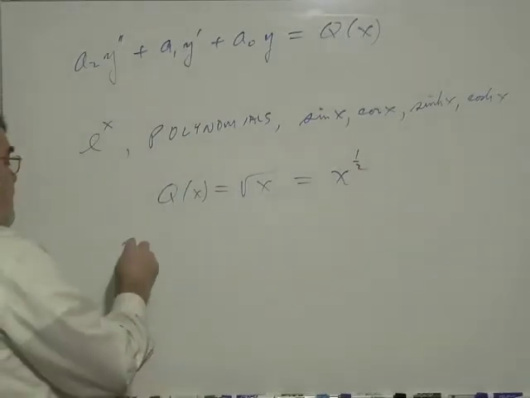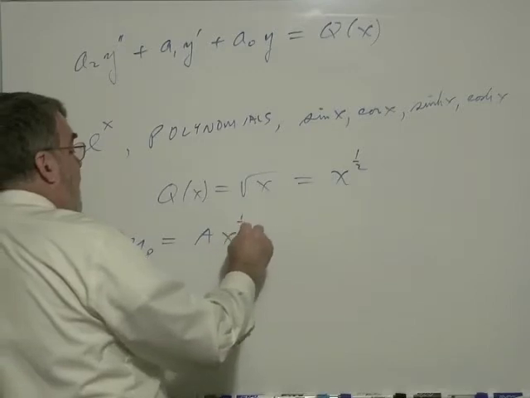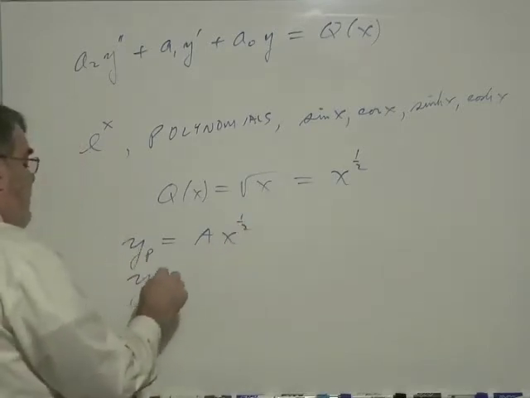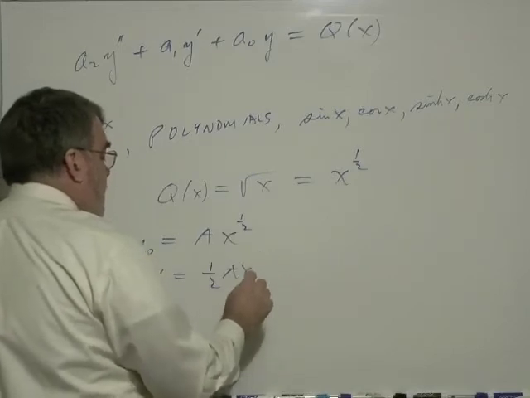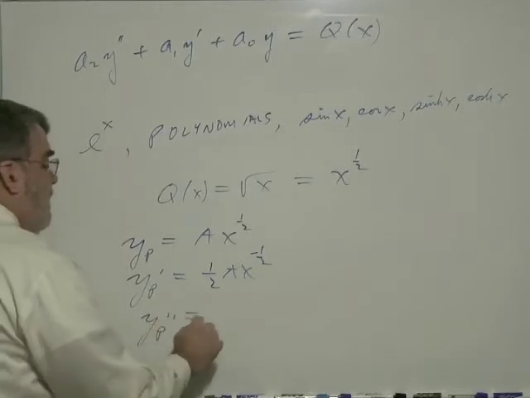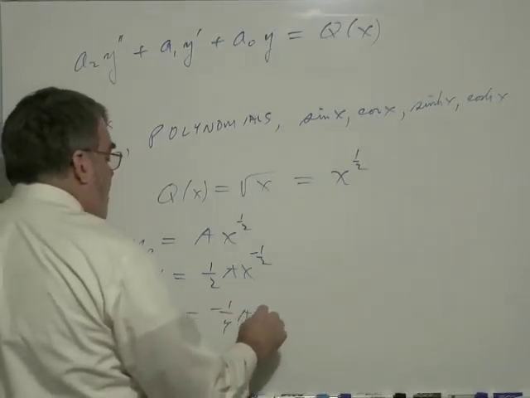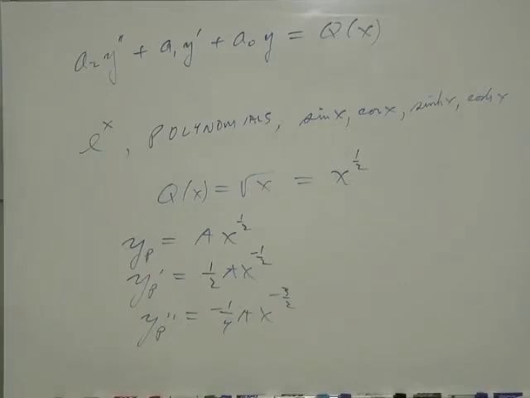So, for example, if you let your particular solution be a x to the half power, then the first derivative is going to be 1/2 a x to the minus 1/2, and the second derivative is going to be minus 1/4 a x to the minus 3/2. And so we end up with a real problem here.